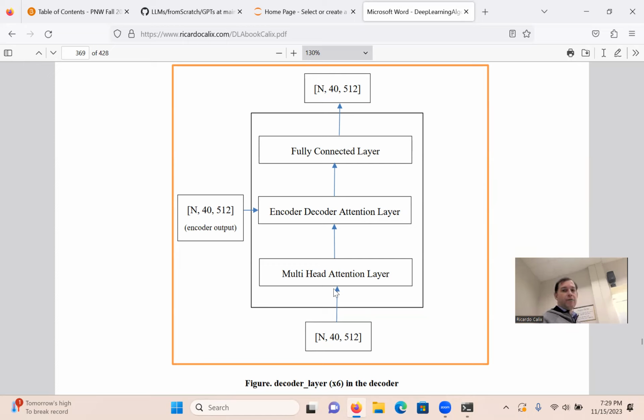The 40 by 512 goes into the multi-head and produces this output. But now you also have the encoder 40 by 512. Both of them go into a structure called the encoder decoder attention layer. And then that goes into a fully connected, it produces the 512. Similar idea.